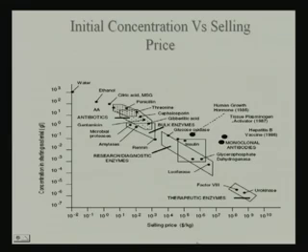This is the selling price versus the concentration of that particular product. Here we are talking about bulk molecules: water, ethanol, citric acid.